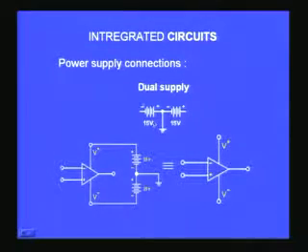For example, I have used 2 15 volt batteries. Then you interconnect them in series. How do you interconnect them in series? You take the positive of one of the batteries, connect to the negative of the other battery, and keep that junction point, which is connecting the 2 batteries, as your common point or the ground point.